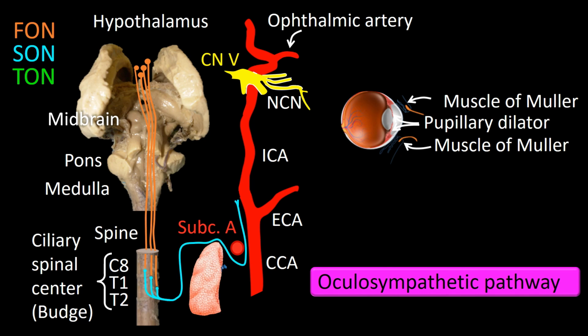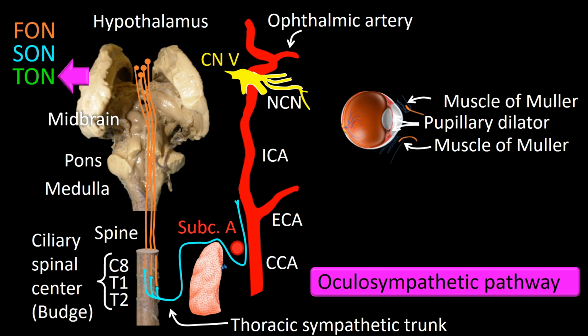These neurons send axons forming the thoracic sympathetic trunk that for a short while travel in the brachial plexus, going over the tip of the lung, under the subclavian artery, and ascending in the common carotid until reaching the level of the carotid bifurcation. There, the fibers find TON, the third order neuron.